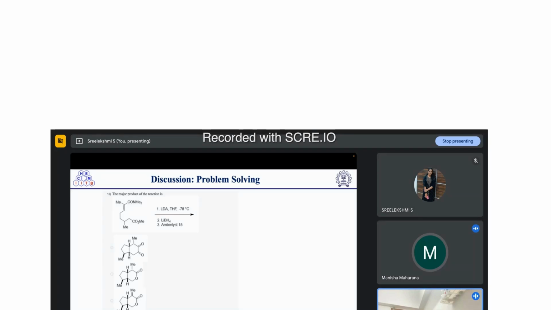What we normally do is add a catalytic amount of HCl or H2SO4, and Amberlyst serves the same purpose. It is also acidic in nature. Amberlite 120 H+, then Dowex 50, all these are acidic resins.